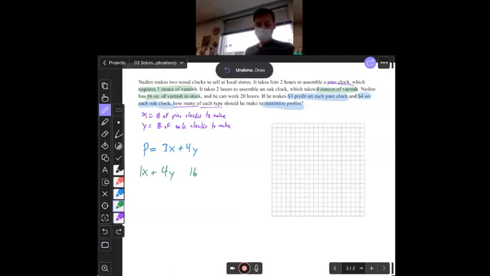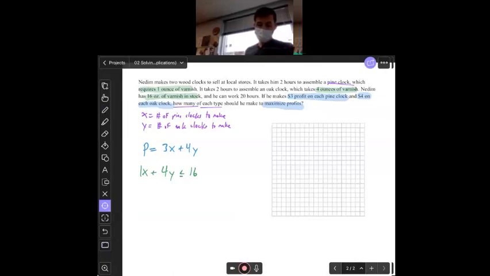Is it less than or equal to? Why is it less than or equal to? Okay, so Jordan's saying he has only 16, so he can't go over that. Could he use less than 16? Yeah, he could use less than what he has. He just can't do more. Okay, can he use exactly 16? Yeah, so less than or equal to is fine. There's our varnish constraint.